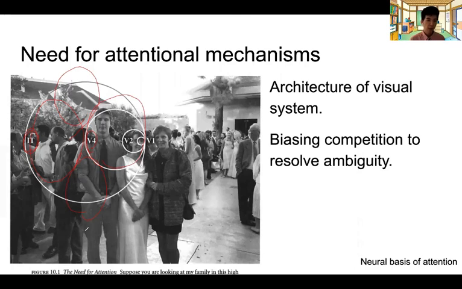And that could be regardless of where the face is within this IT neuron's receptive field. To achieve that kind of function, it needs to weight the evidence from lower visual areas to decide what kind of information to pass on to downstream neurons. I'm going to give a very simplistic neuronal model of how such a computation can be achieved in the next slides.